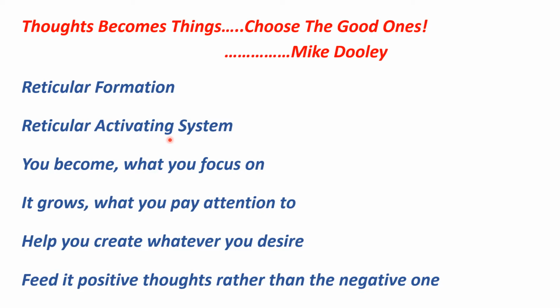Along with this, it has a huge role to play in your life. So it acts as a gatekeeper. It acts as a mental filter. It is placed at the base of our brain. So what is it? It's a cluster of neurons with an interconnected network of connections.